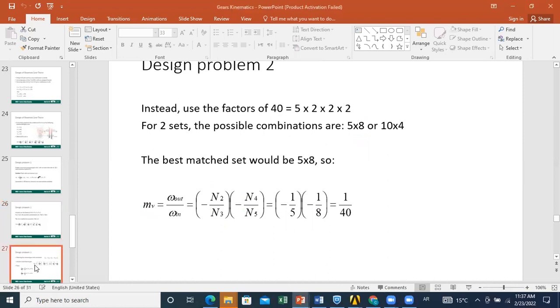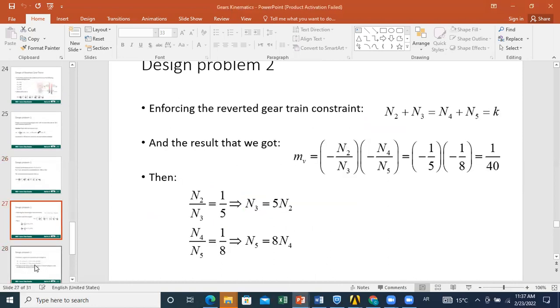Okay, for the constraint of reverted gear, you should have n2 plus n3 equals n4 plus n5 equals k. So as usual, I know already the relation between n3 and n2, so I can replace n3 by 5 n2 in the constraint equation.